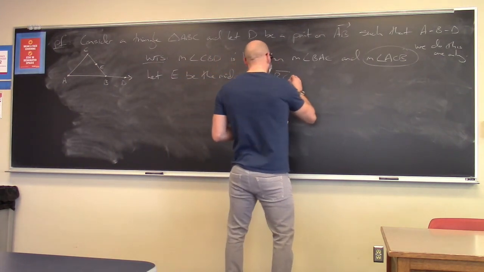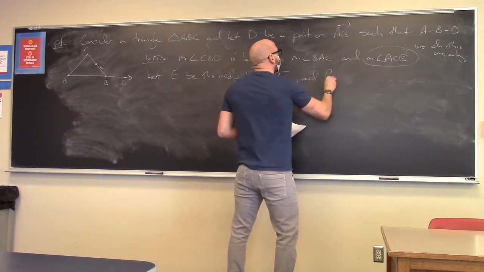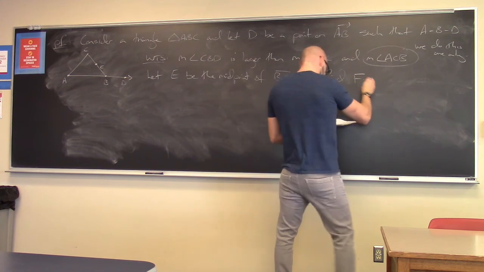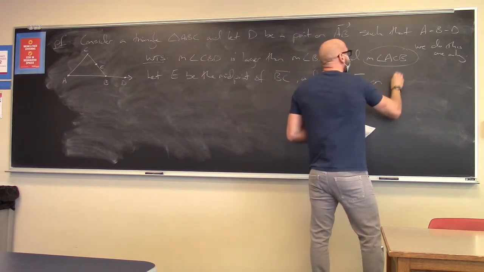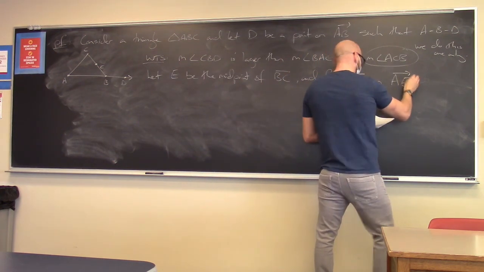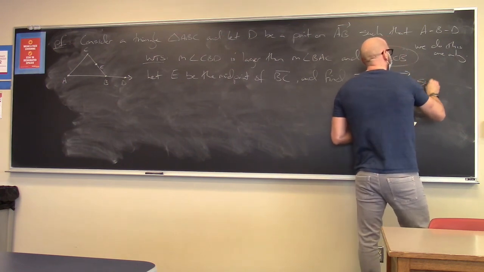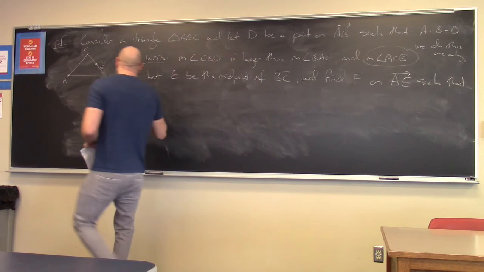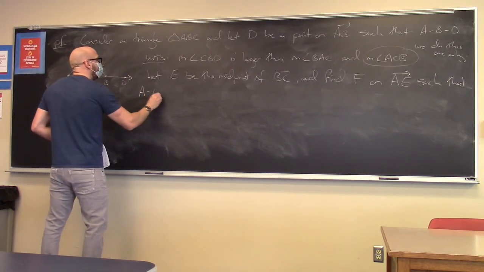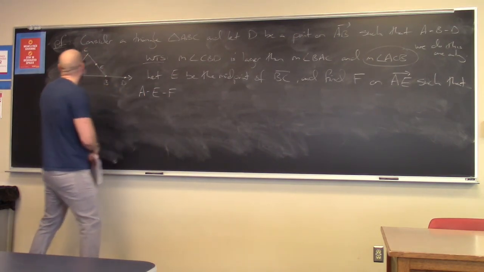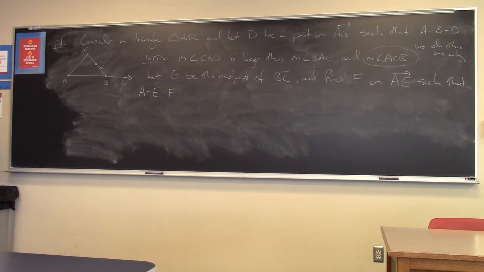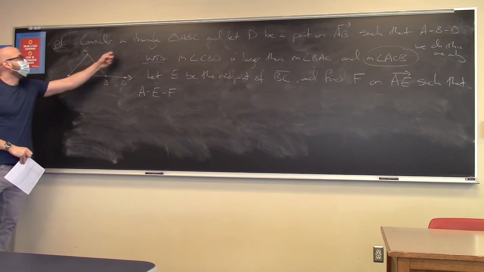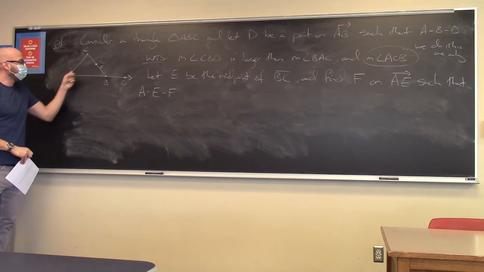Okay, and find F on this extended ray AE such that A, then E, then F, and so that F is the same distance away from E as A is.